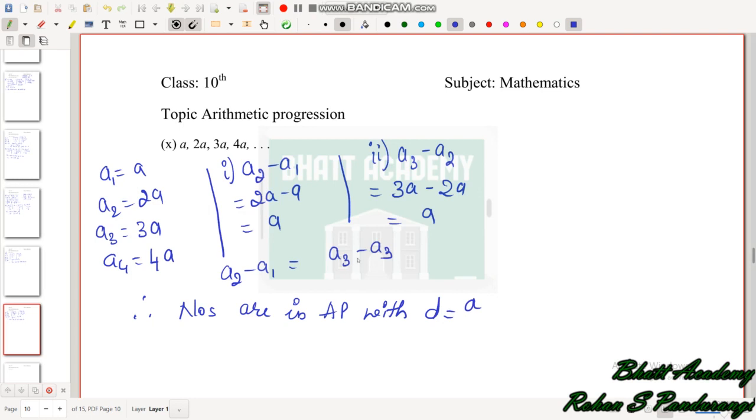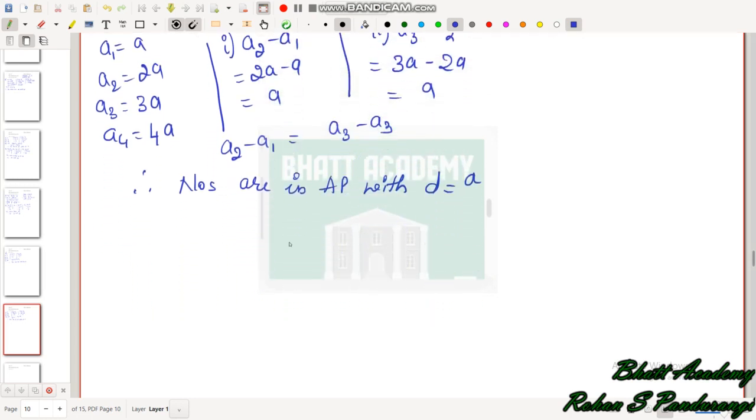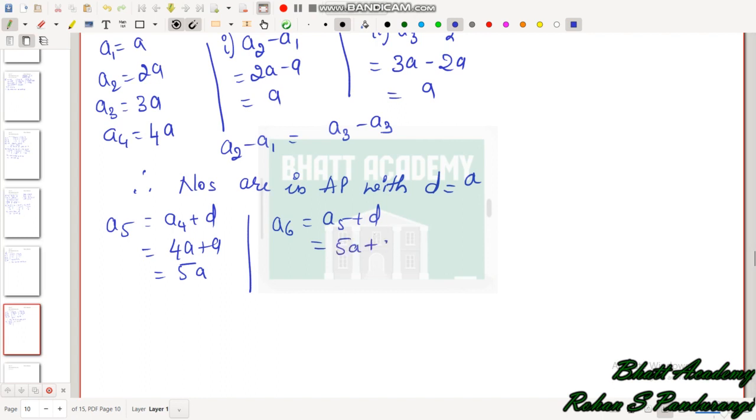Okay, so now ಈಗ a5 a6 ವ್ಯಾಲ್ಯೂನ ಕಂಡುಹಿಡಿಯಬೇಕಾಗತ್ತೆ. So a5 is a4 plus d, ಅಂದ್ರೆ 4a plus a, that is 5a. Next a6 is a5 plus d, ಅಂದ್ರೆ 5a plus a, 6a.